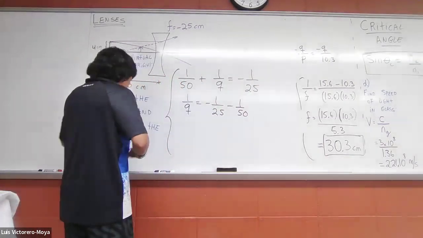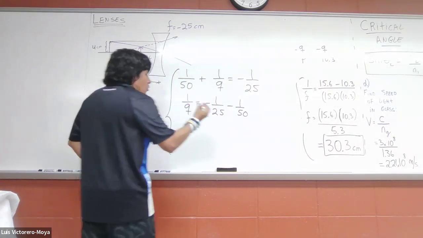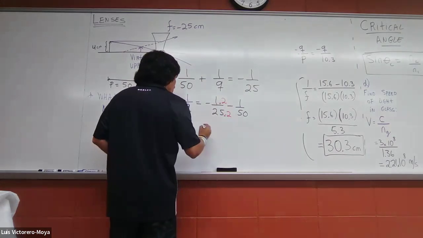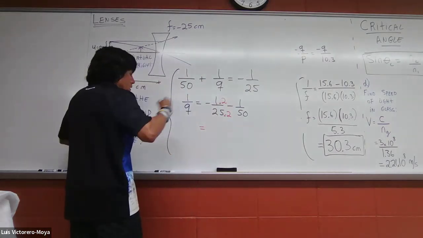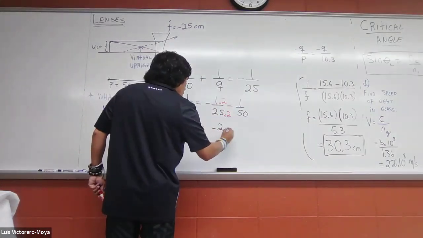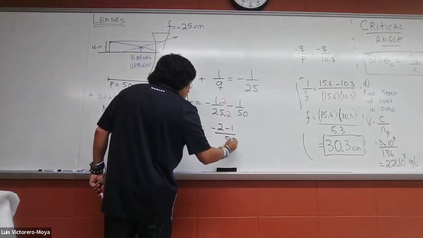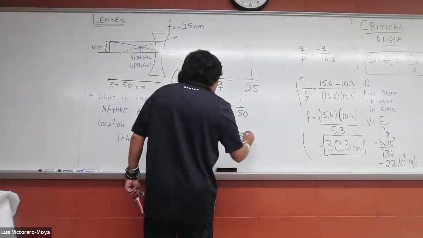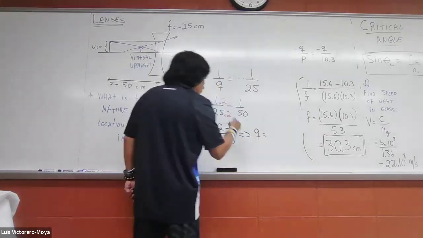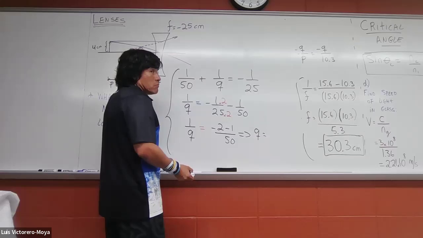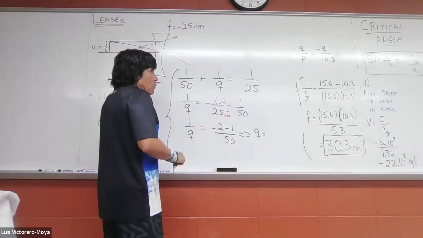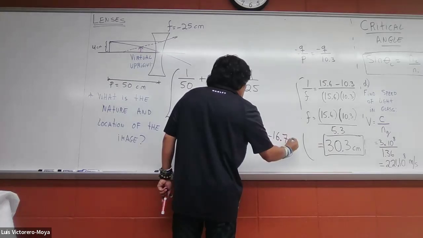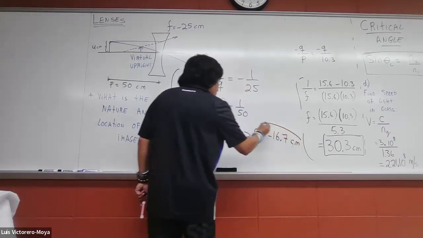Well, that one is easy, right? This one you can multiply here by 2. So then you get -2, -1/50. That's 1/Q. So Q is 50/-3. If you flip it, that will be -16.7 centimeters.